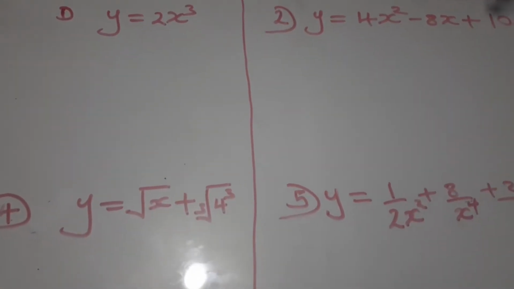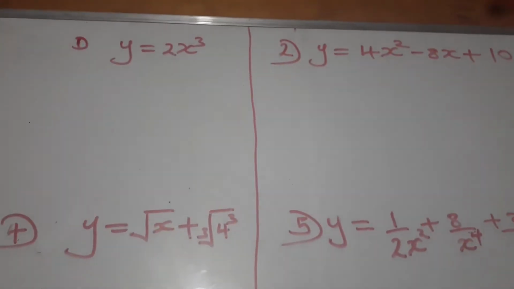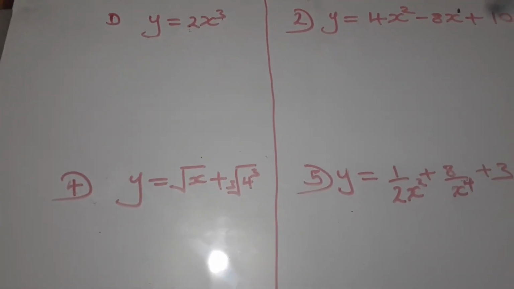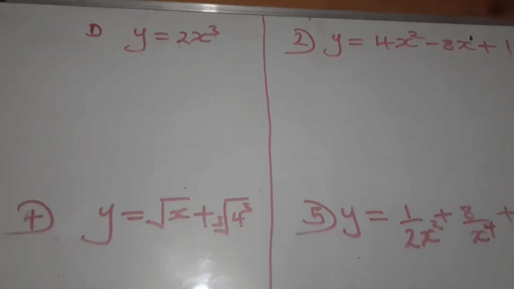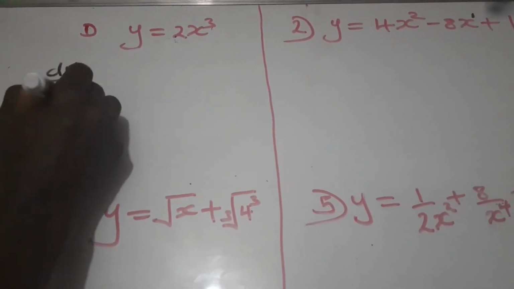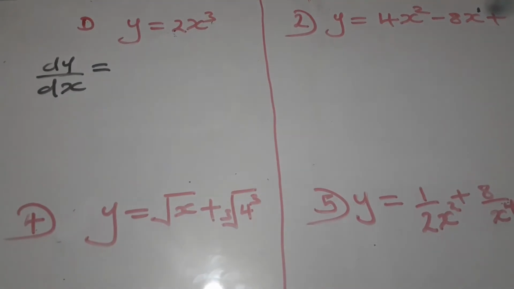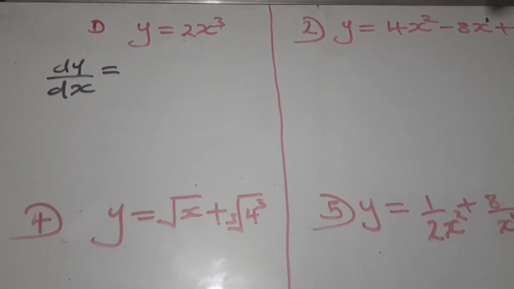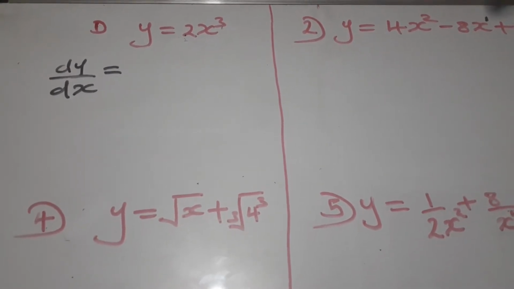When you're told to differentiate y equals 2x raised to power 3, we're going to write delta y over delta x equals, remember what I just said. When differentiating, you're using two principles. The first thing is you multiply, the second thing you subtract.